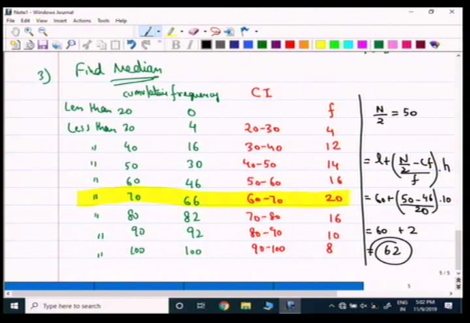So is this clear till now? We have done all the different types of questions in the median category.